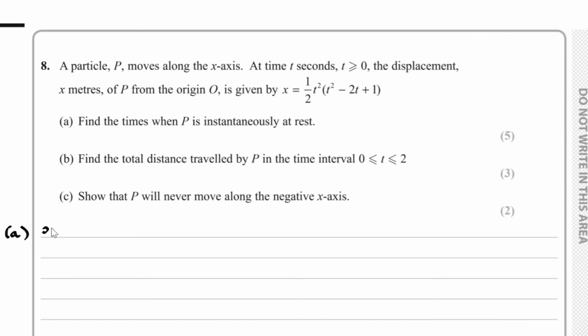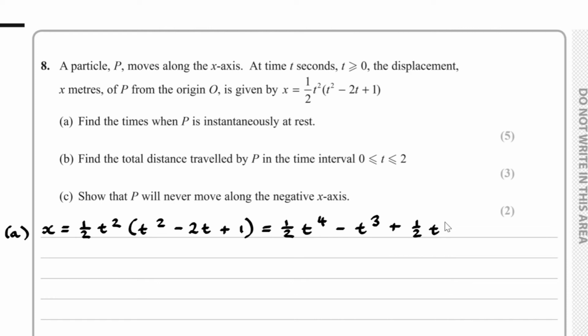So for part A, we've got so far x equals 1/2 t squared times (t squared subtract 2t plus 1). And if I work out what this is, I've got 1/2 t to the power of 4 minus t cubed plus 1/2 t squared.